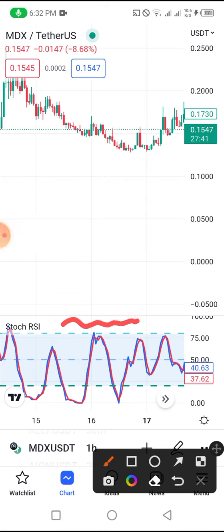Now, if the two lines are below the lower band, what it implies is that this coin has really been oversold, right? It means that the coin has been oversold. So because of being oversold, the price of that particular coin would have dropped tremendously.